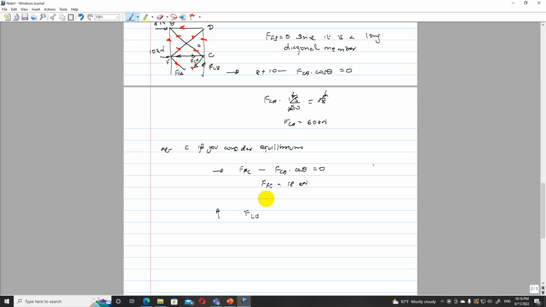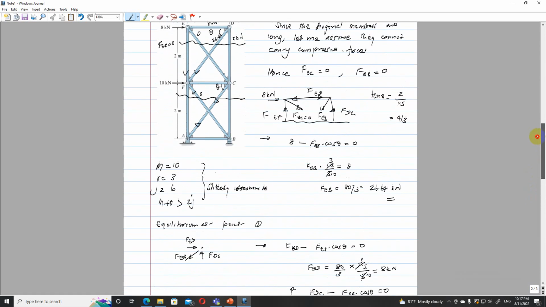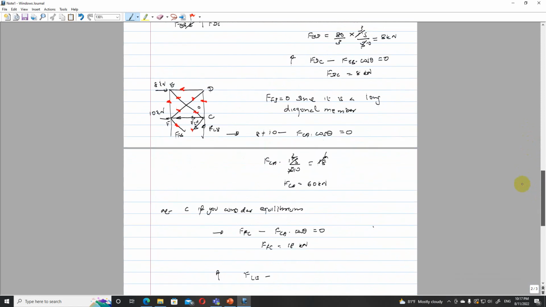So if you balance vertically, FCB minus, we have DC as well. So DC also a compression force. So DC is a compression force. FCB upward, FCD downward. Then there's no horizontal component of the zero force member, but there is a horizontal component of FCA.